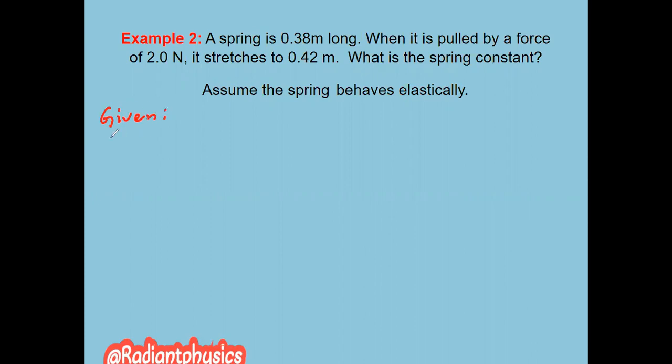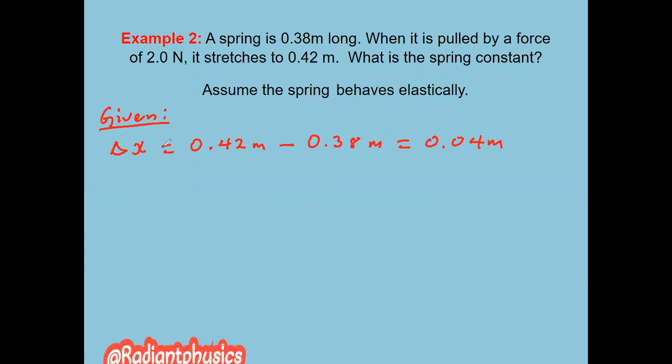We have change in X, which is going to be the new length minus the original length. So that is 0.42 meters minus the original length, which is 0.38 meters. So we are going to have our change in X as 0.04 meters.